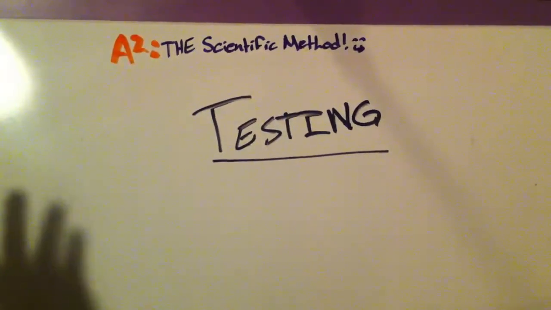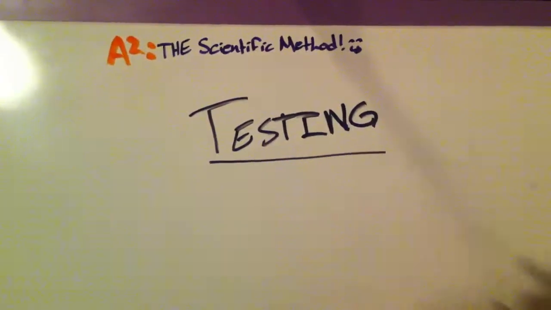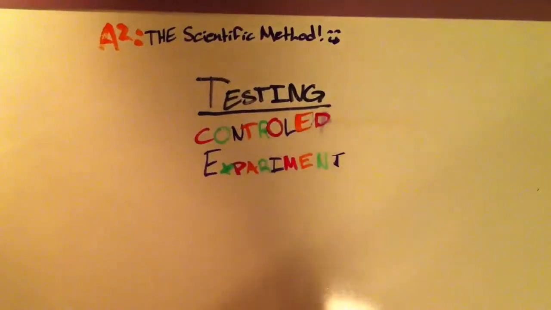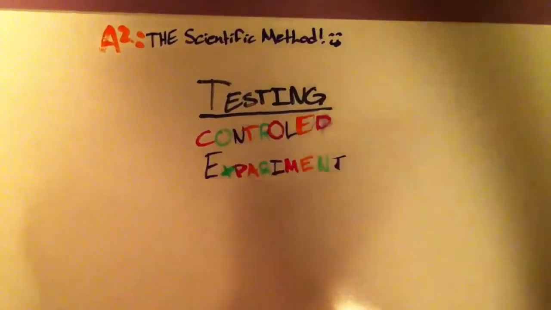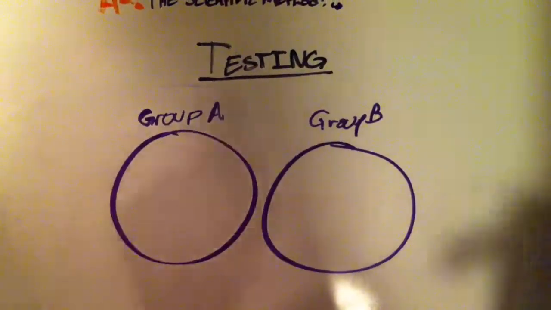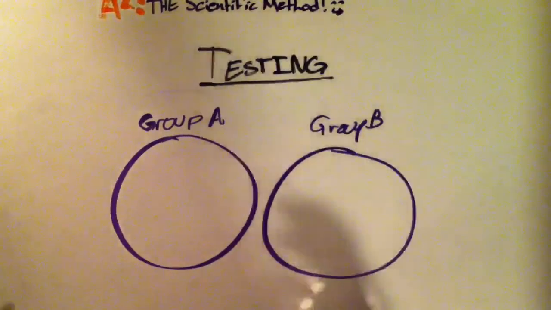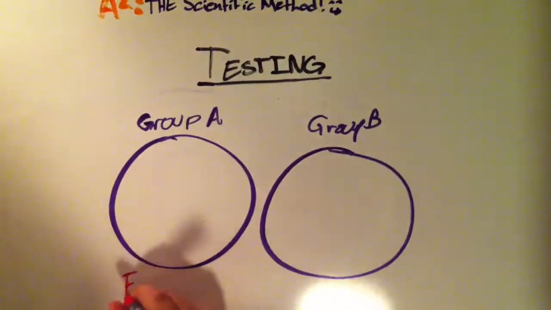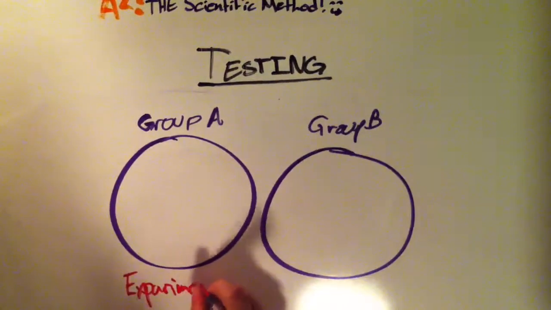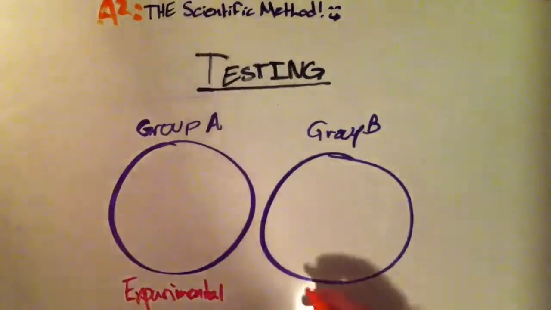Once you have your hypothesis and testable prediction, you can begin the testing. Testing is done through using controlled experiments. When conducting a controlled experiment, you'll have minimum 2 groups. One group will be your experimental, the other, your control group.